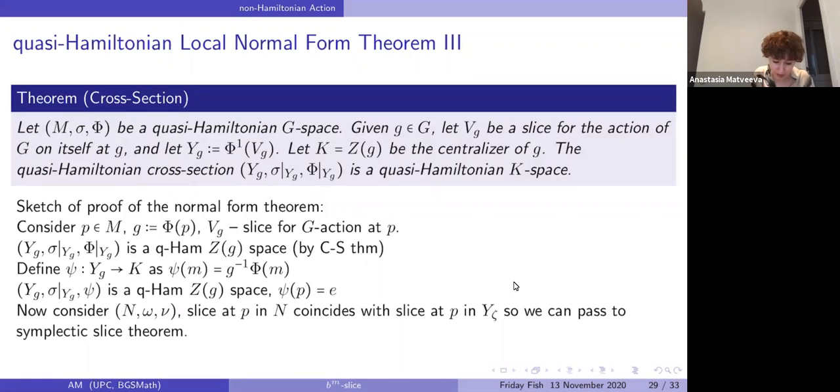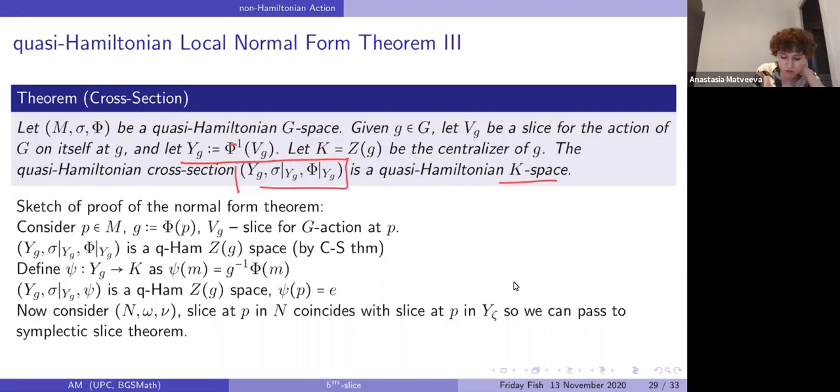So if we have a quasi-Hamiltonian G-space, and we have a slice for the action of G on itself, then we can take the pre-image of the slice under the moment map. I believe there is a minus missing here. And then taking the centralizer, we can say that the cross-section, this Y that we just defined, with the restriction of the form and the moment map, will be a quasi-Hamiltonian K-space.